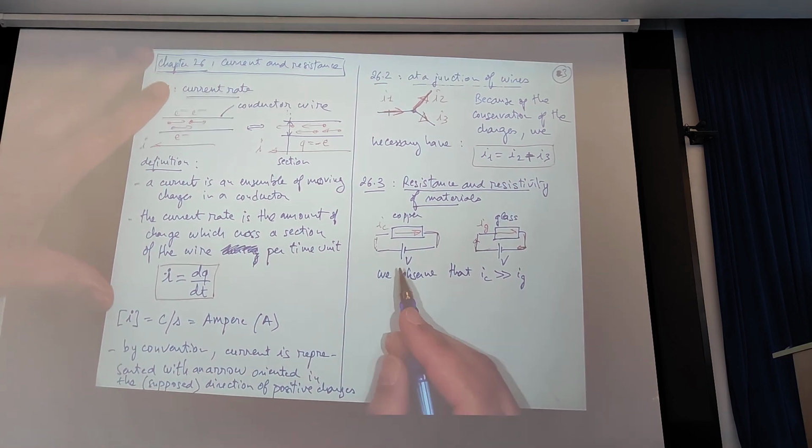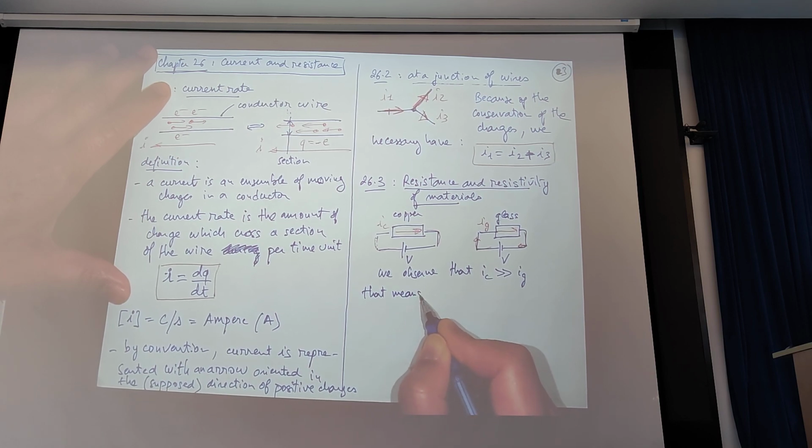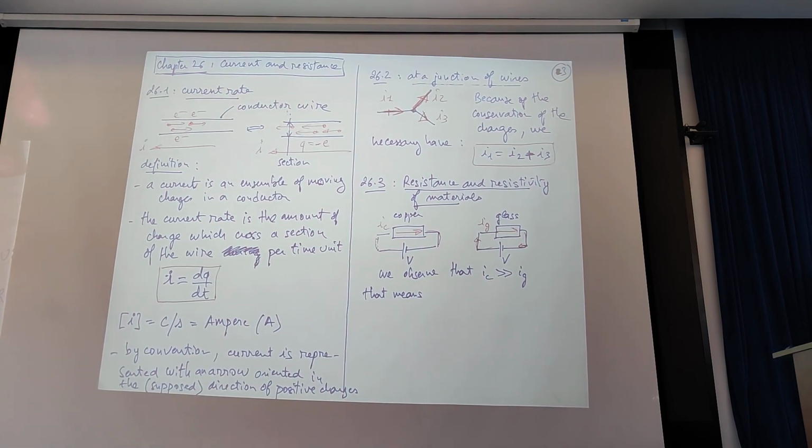So that means that some materials are opposed to the moving of the electrons.